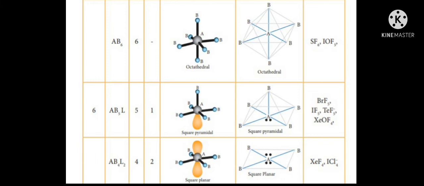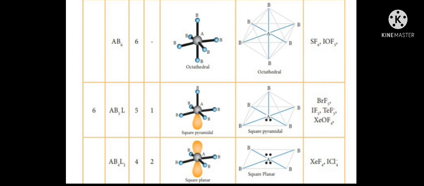It contains 5 AB bonds and 1 lone pair electron on central atom A. Due to the presence of 1 lone pair electron, the shape of AB5L molecule is square pyramidal. The molecular geometry is shown here. BrF5, IF5, TeF5 minus, XeOF4 are examples for AB5L molecule.